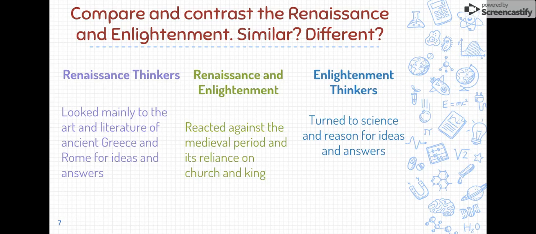And Enlightenment thinkers differ from Renaissance thinkers in that Enlightenment thinkers turned to science and reason for ideas and answers. Scientific method, testing experiments, questioning the information that you get, especially the information you get from the Church or the King, questioning those ideas and turning to science and reason for those answers. So those are just some similarities and differences between the Renaissance thinkers and the Enlightenment thinkers. Okay, you can find more in your text.